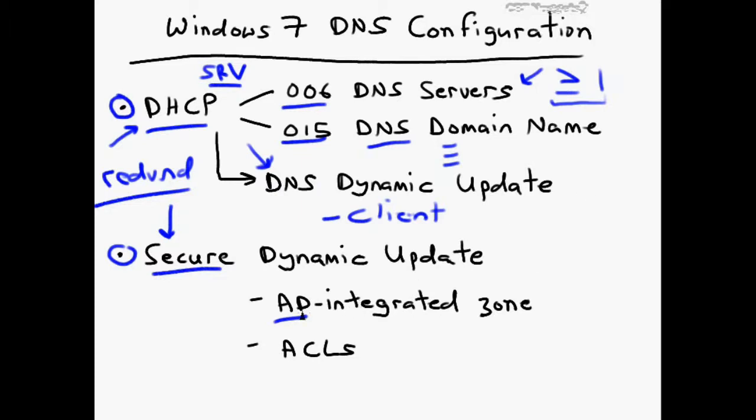And to do secure dynamic update, you have to first of all make sure that your DNS zone is integrated in the Active Directory database. Once you've done that, you're able to create what are called access control lists, or ACLs, where you can specify which hosts are allowed to dynamically update, and anybody else, like if a contractor were to come in with his or her laptop and attempt to come online in your network and register with DNS, that attempt would be blocked.